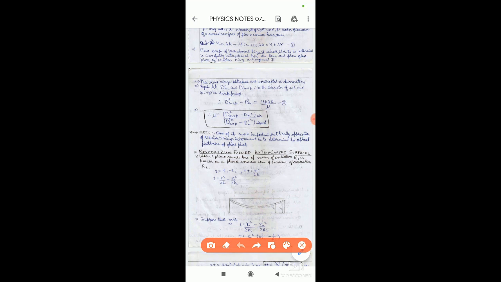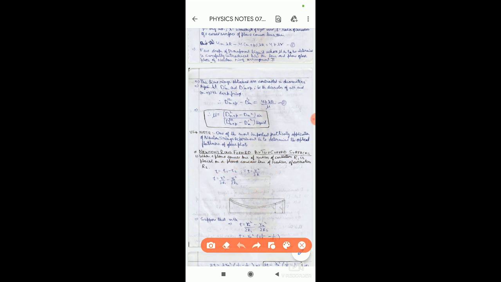Okay, so the value of thickness T equals T1 minus T2, and as we have T equal to R square upon 2R, so the value of T is R1 square upon 2R1 minus R2 square upon 2R2.